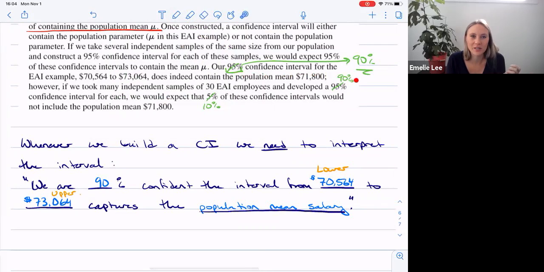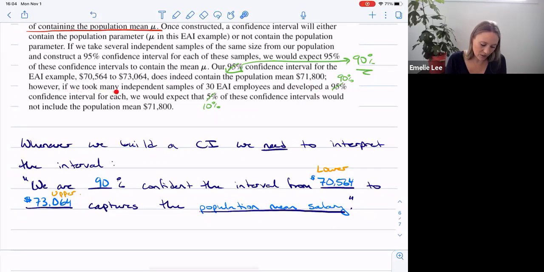I'm ready to commit. No more question marks. It is 90. Our 90% confidence interval for this example does indeed contain the population mean of 71,800. We don't know that. We only know that because we have the entire population to check against, but it's like when you get excited because there's solutions in the back of your textbook, right? It's the same thing. You don't know what the answer is, but you have something to check against in this case.